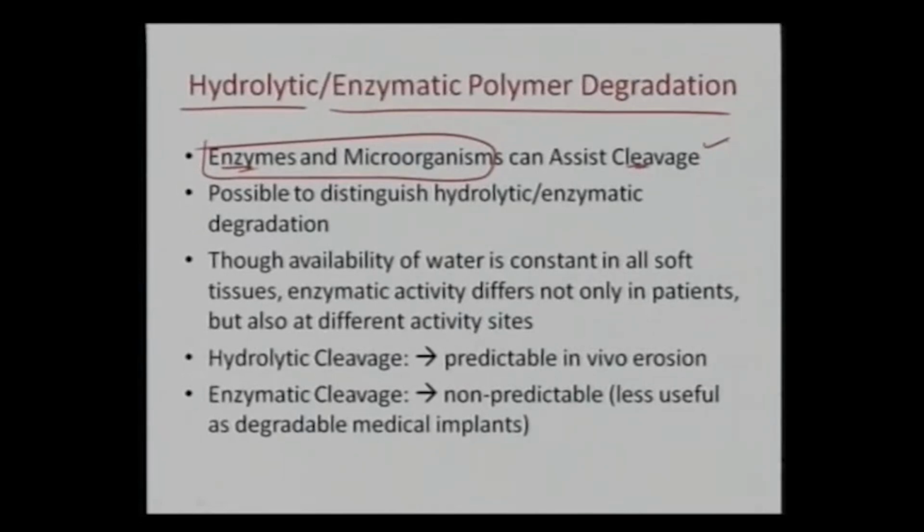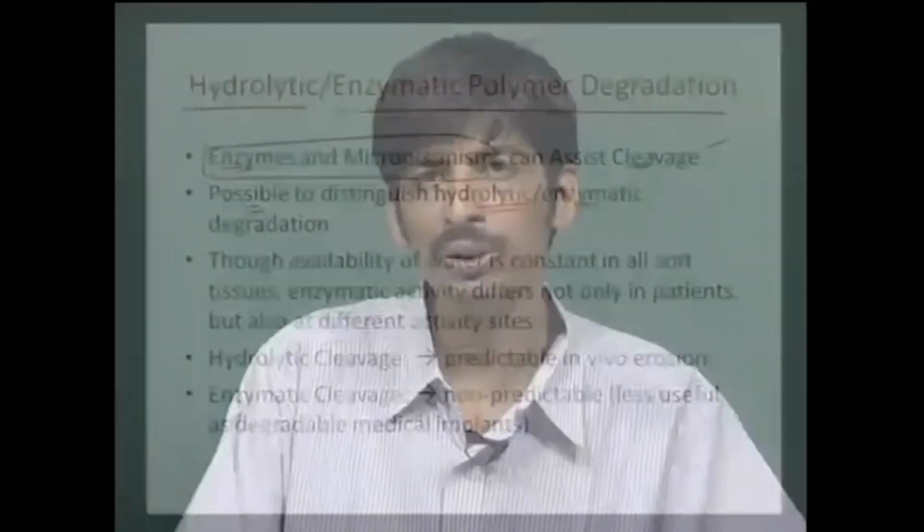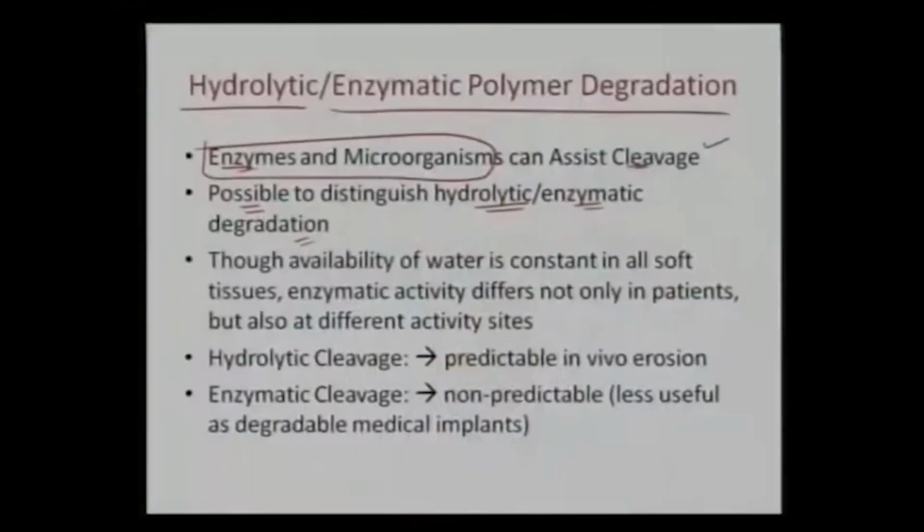It can also cleave either the cross links, the side group chains, or the backbone itself. But in both cases, it becomes possible to distinguish the hydrolytic and the enzymatic degradation, because hydrolytic degradation can occur only on the surface, whereas enzymatic degradation can occur even in the bulk of the material.